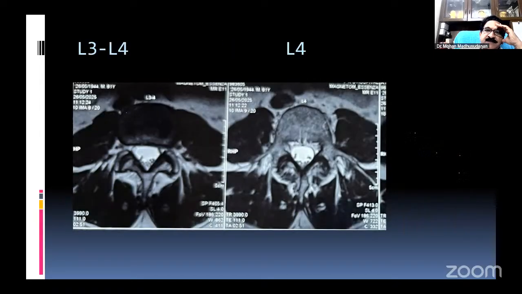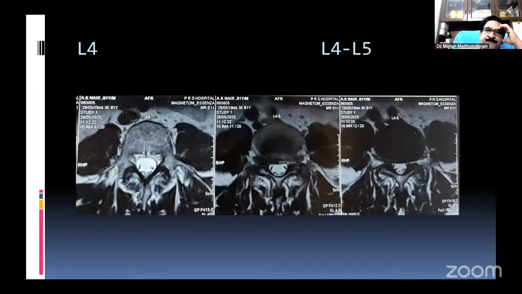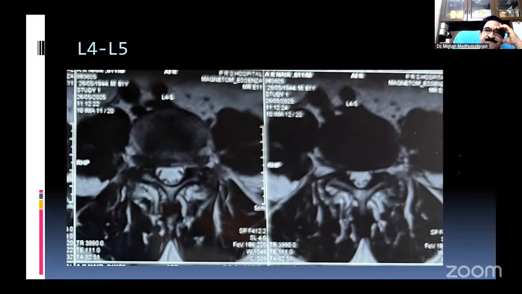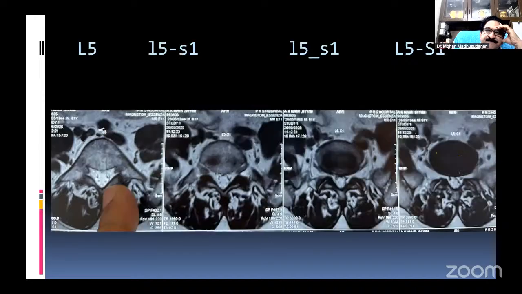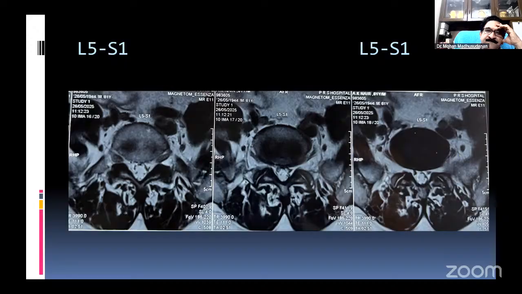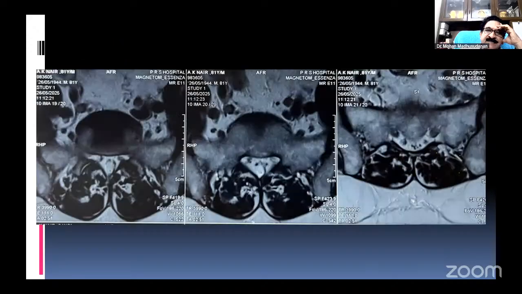Again, L4 level, L4, L5 level, L4, L5, L5 level, L5, L5S1. That is S1.